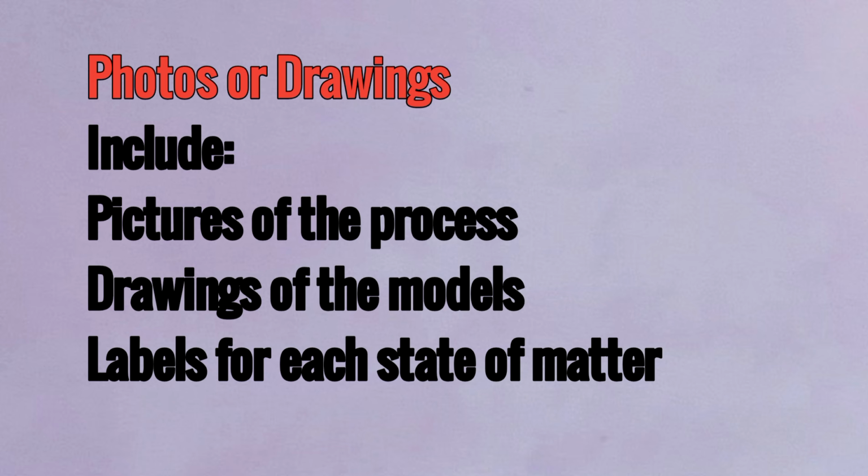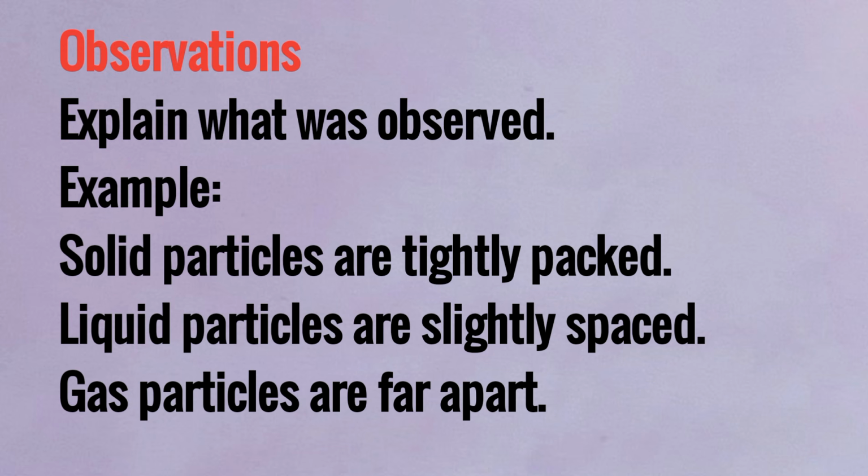Then we have the part of observation, and under observation, learners are going to explain what was observed. Example, solid particles are tightly packed, liquid particles are slightly spaced, and gas particles are far apart. Here you will find that learners will come up with different observations.